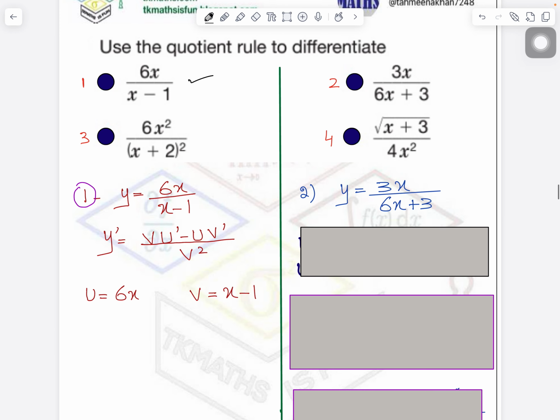When I differentiate 6x, it becomes 6. When I differentiate x minus 1, it is 1. Now I have u, the derivative of u, v, and the derivative of v, and I will substitute all this in this formula. This will give me the derivative of this function.